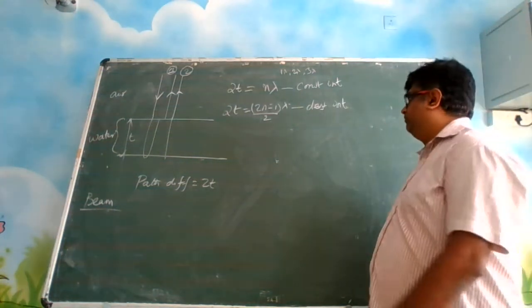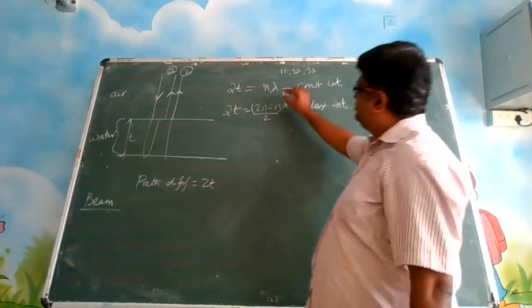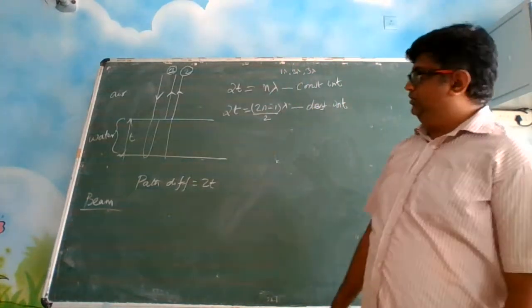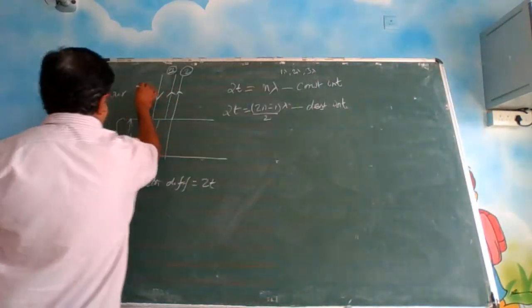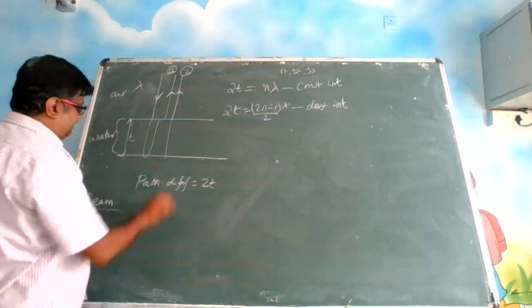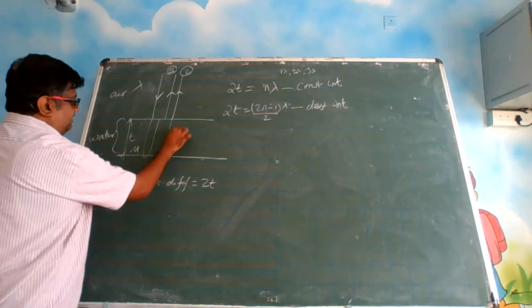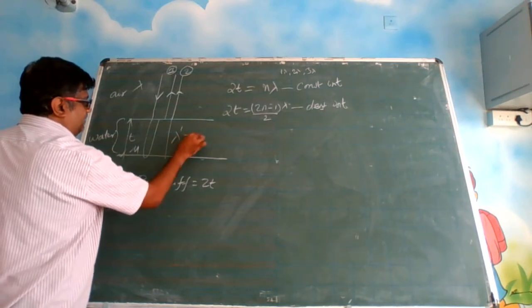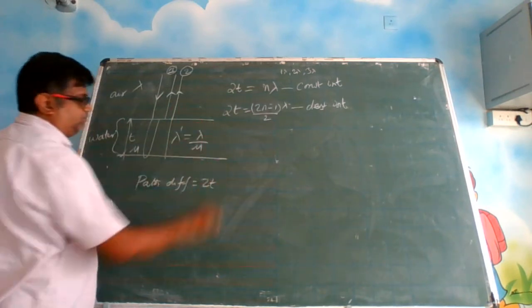But here we have to apply a few concepts. First of all, which lambda do we have to put? In the air, this ray has lambda. Here, there is a refractive index mu. So lambda dash is equal to lambda divided by mu.